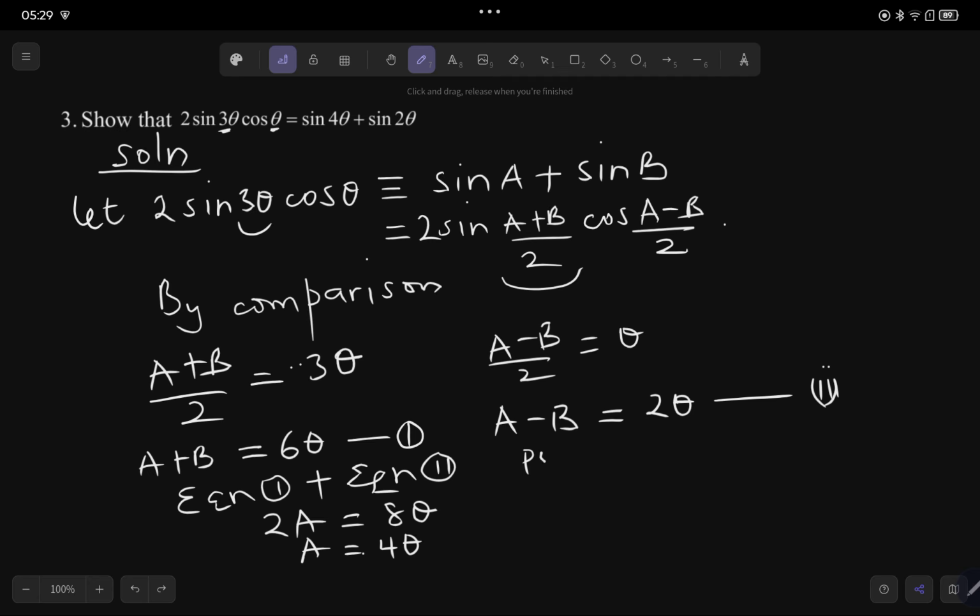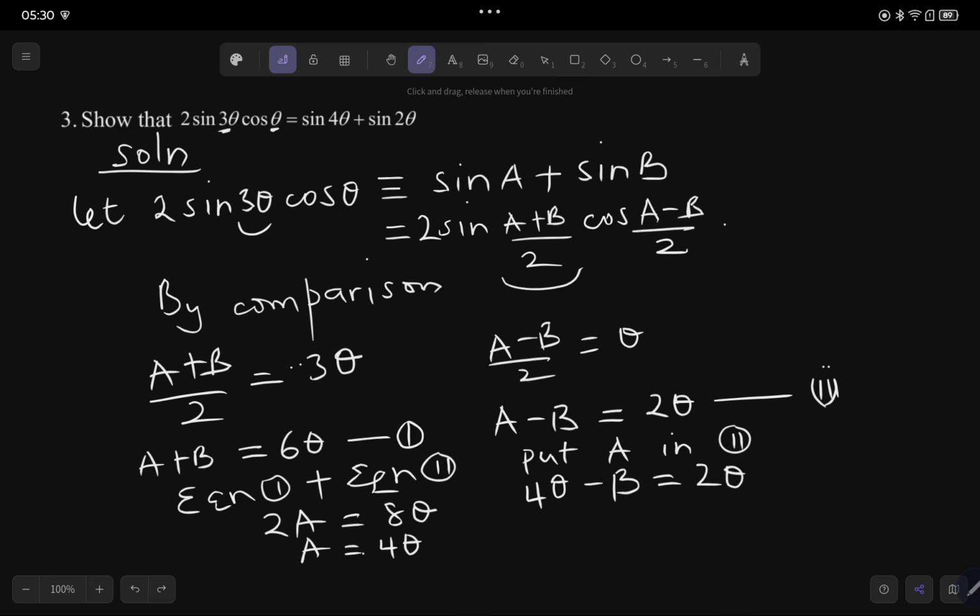Put A in equation 2. A will be our 4 theta minus B is 2 theta.